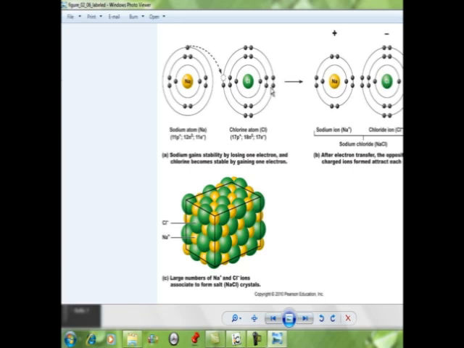What's it want to have? 8. How about chlorine on the other end? How many valence electrons does chlorine have? 7. What does it want to be happy? 8. Maybe we can do something for each other, sodium and chlorine.